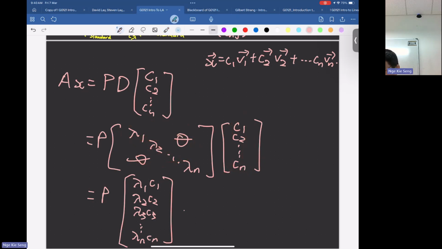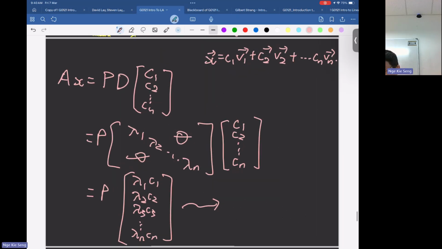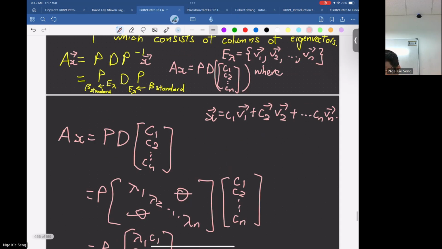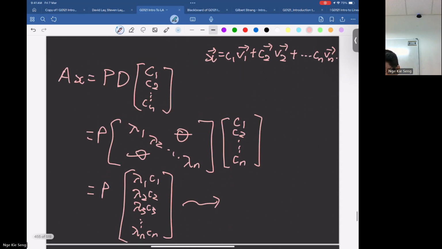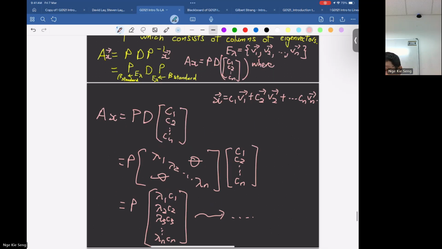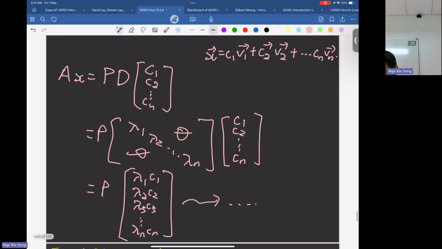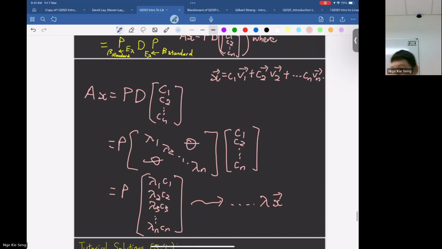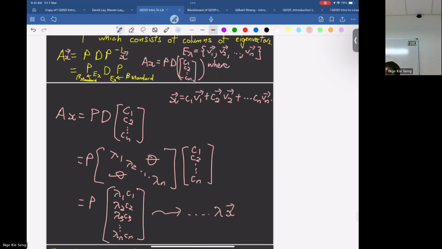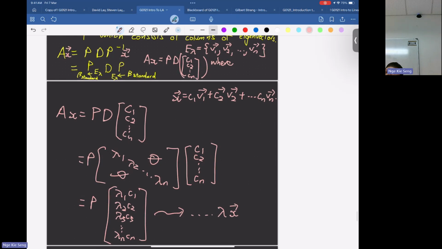And then you need to send it back to the standard basis again. Okay, continue. So this will be some level. Any question? No question?